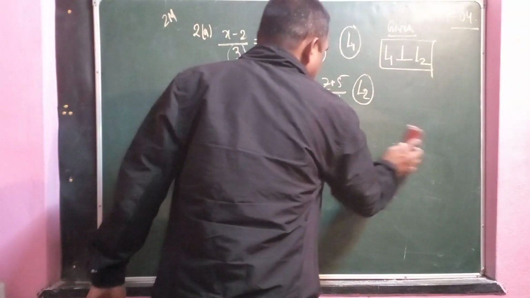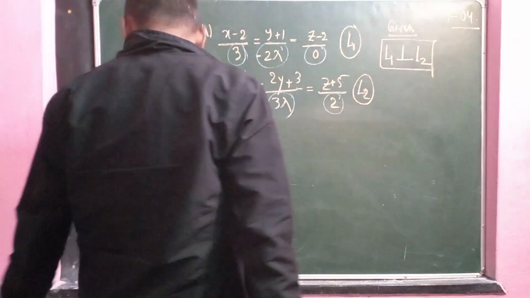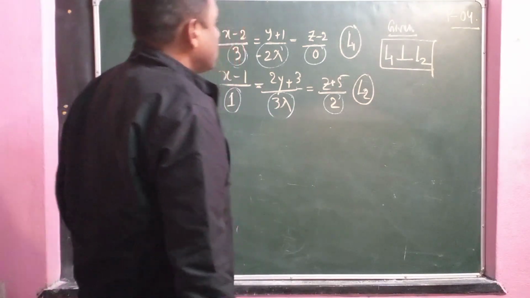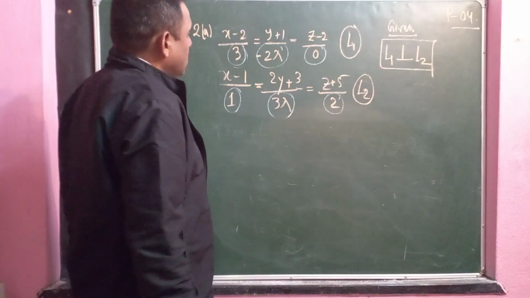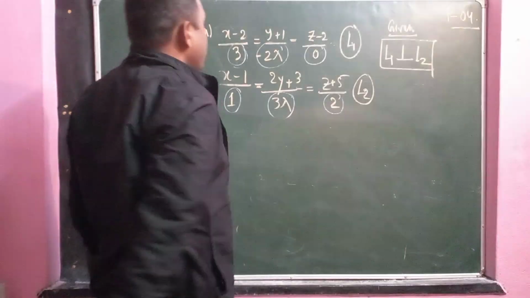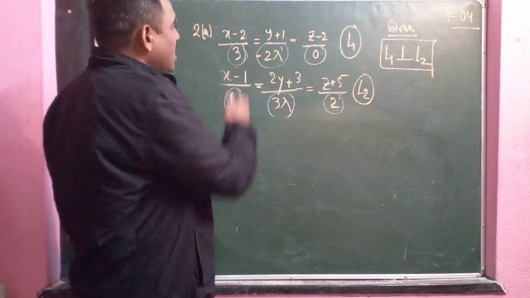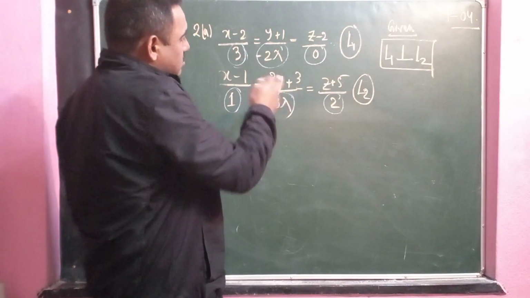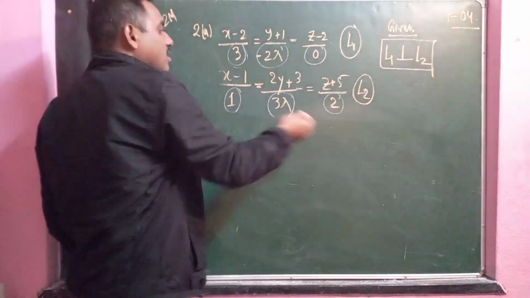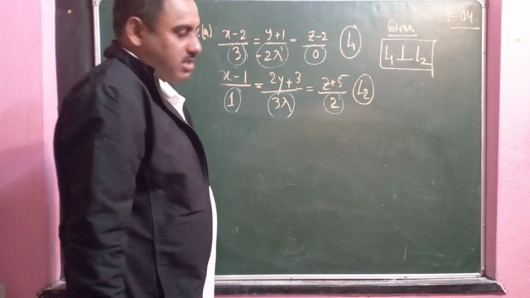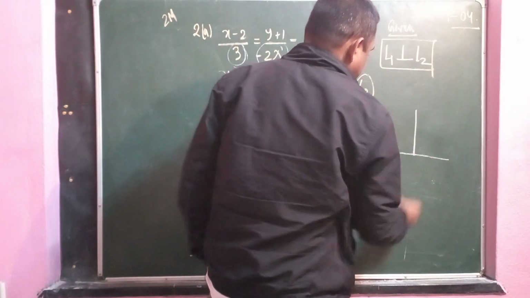Now after calculating lambda, how will you calculate the distance between them? Take any point on this line, suppose r, and then calculate any point on this straight line. That will be 3r plus 2, minus 2 into the value of lambda. If they intersect, they are perpendicular, so you just have to calculate this.